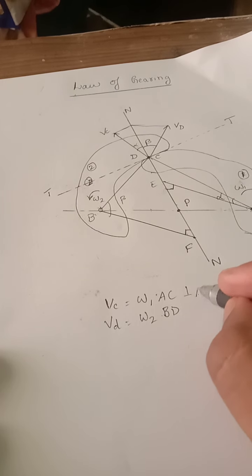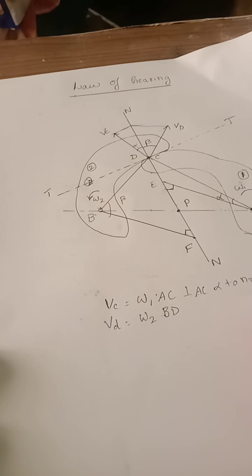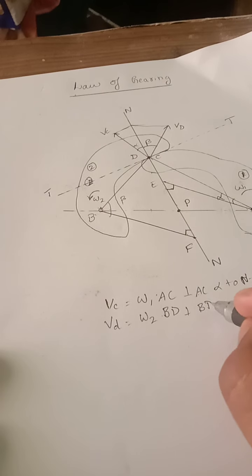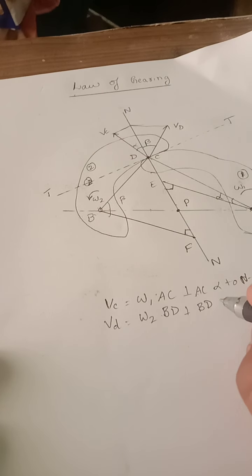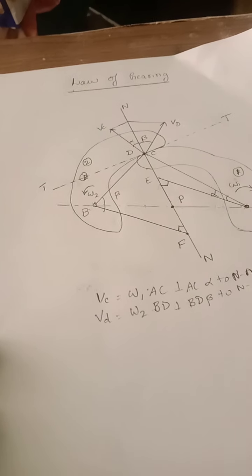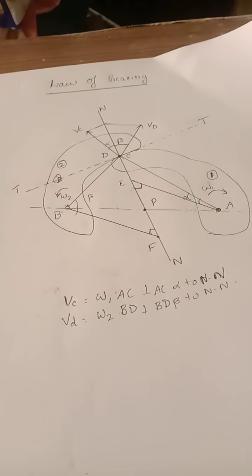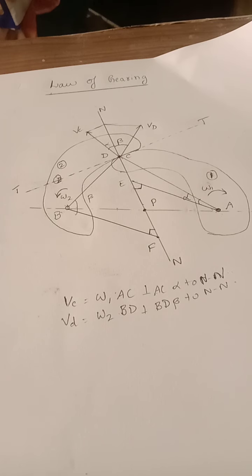VC is acting perpendicular to AC, and VD is acting perpendicular to BD, at an angle alpha to the normal NN, and beta to the normal NN.